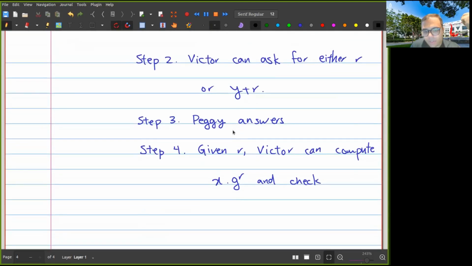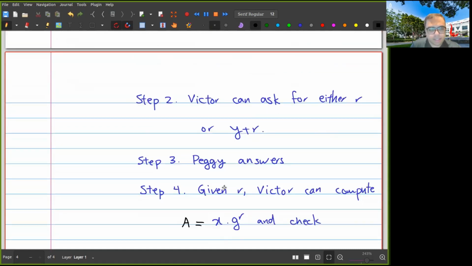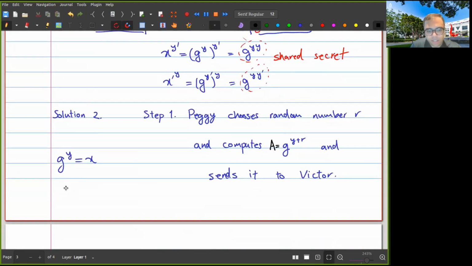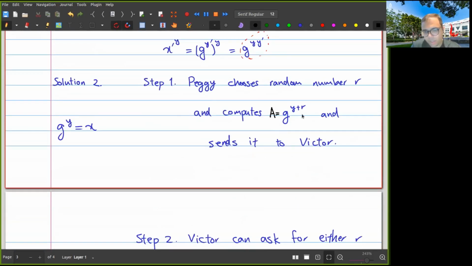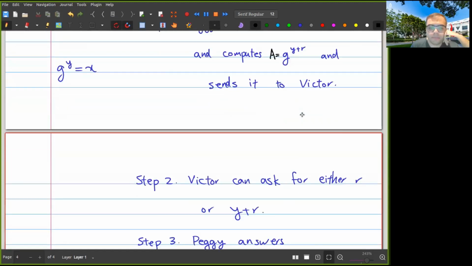If he asks for r and Peggy gives him r, he can verify the value of r, because he can take r and compute g to the power of r, multiply that by x, and check that this is equal to A, right? Because x is g to the power of y, so x times g to the power of r should be A, should be g to the power of y plus r.